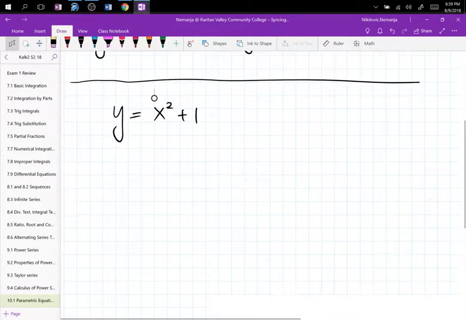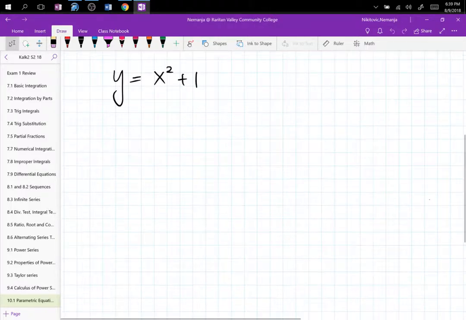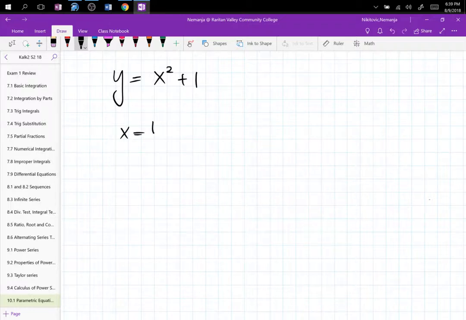You have a very familiar function, it's a parabola. And the most trivial way to obtain the set of parametric equations for something like this is to define that x is equal to t, in which case y would be t squared plus 1.